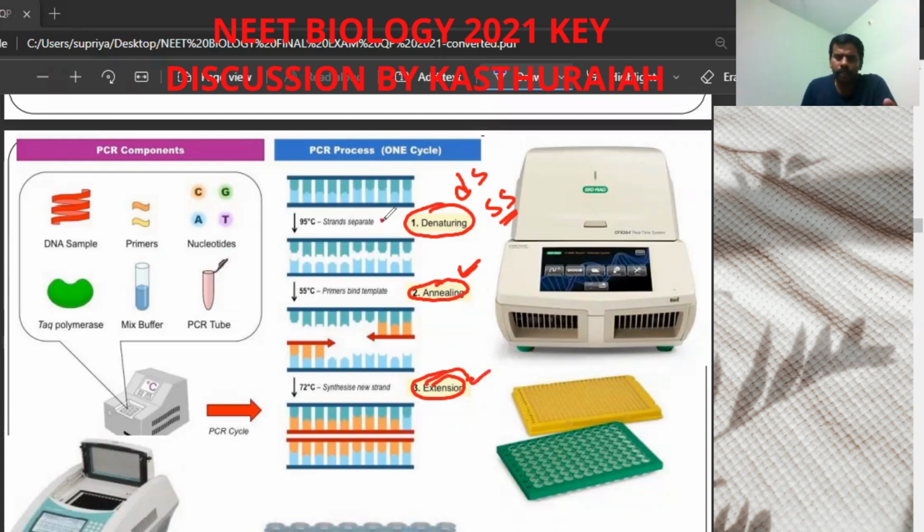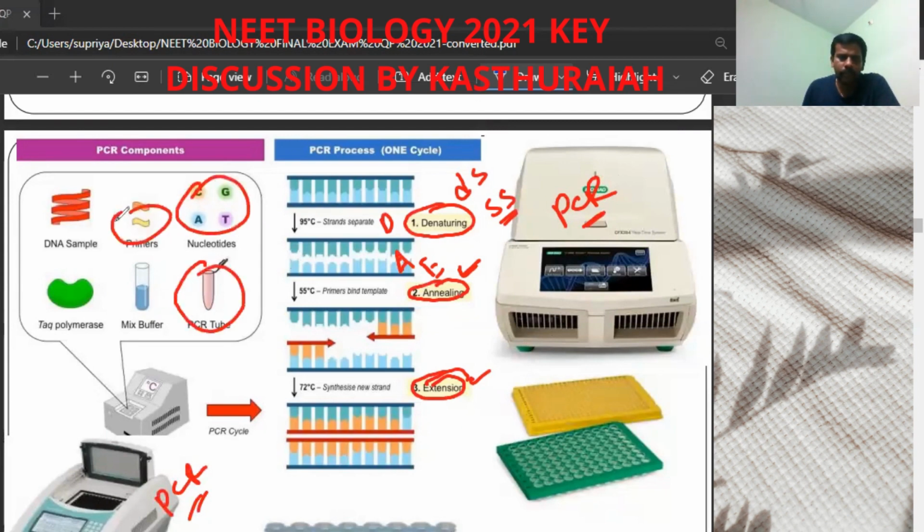So the first step is denaturation, the second step is annealing, the third step is extension. Now you can see, students, here the PCR machine, and also here a PCR machine. And see here PCR wells, and the PCR tube, nucleotides, primer, DNA sample, Taq polymerase, and the PCR buffer.